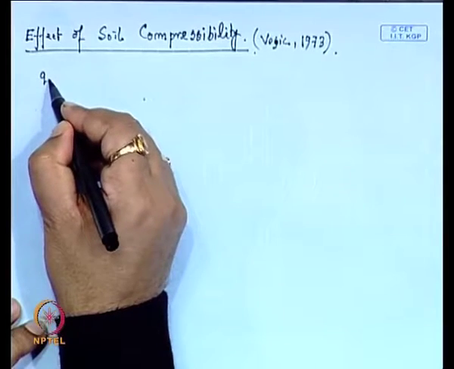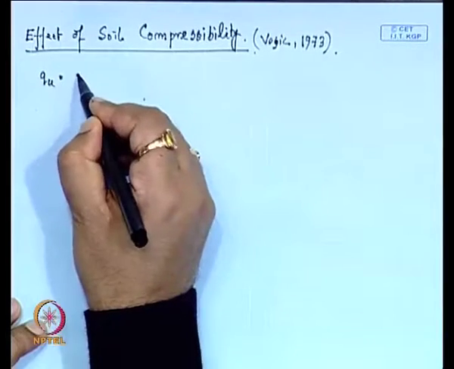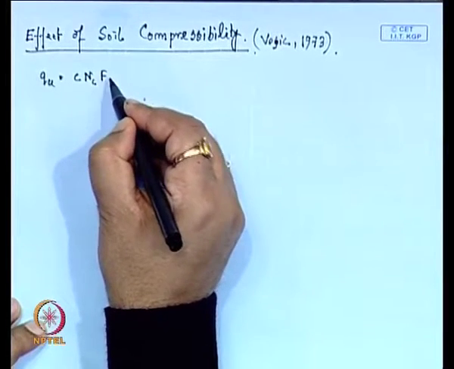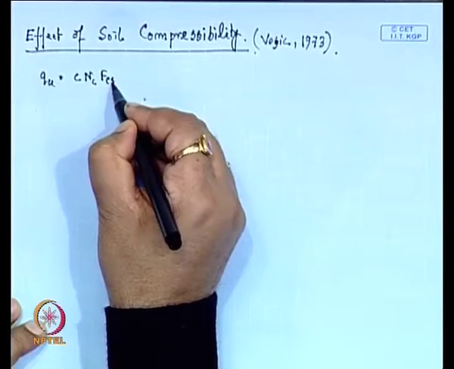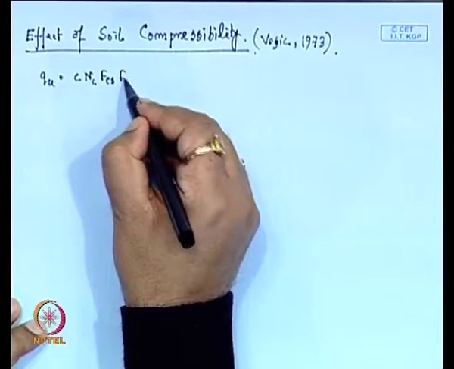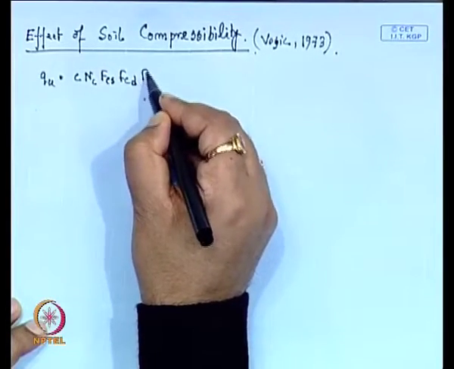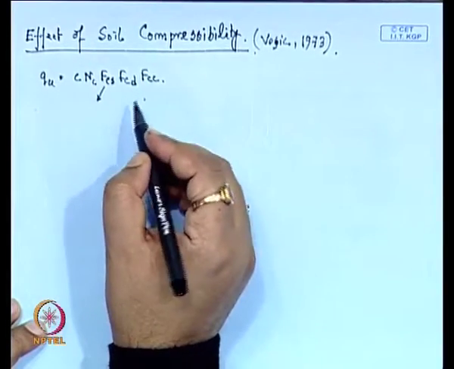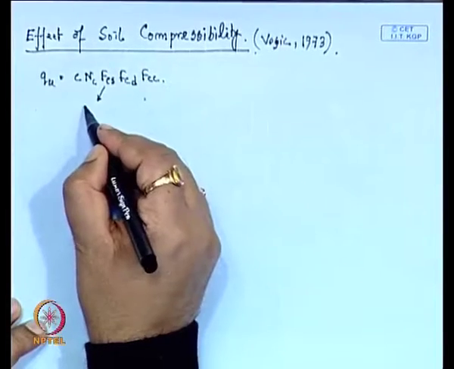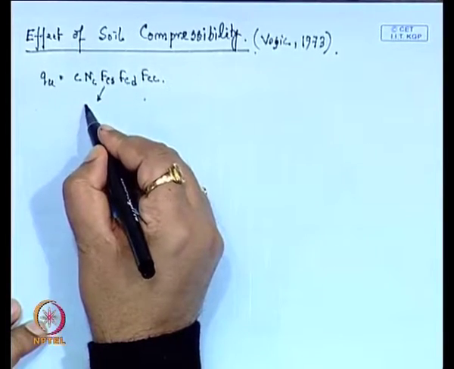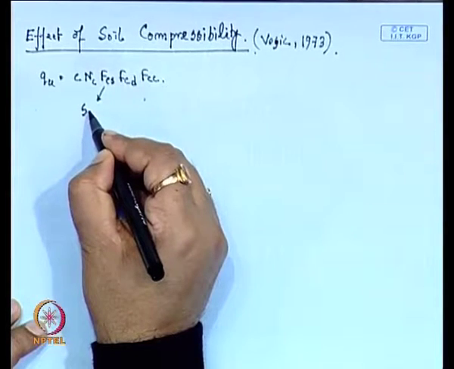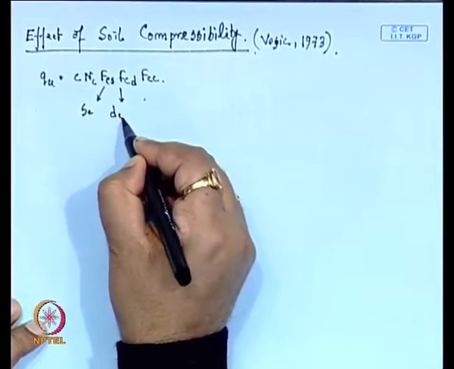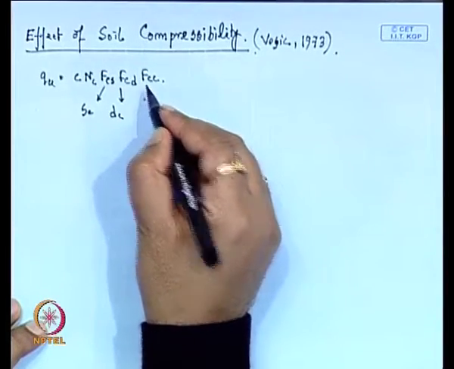Our expression is q ultimate equals c Nc into Fcs, Fcd and Fcc. This Fcs is basically the correction factor for the shape factor, that is Sc, and this is Dc, and this is the new correction.